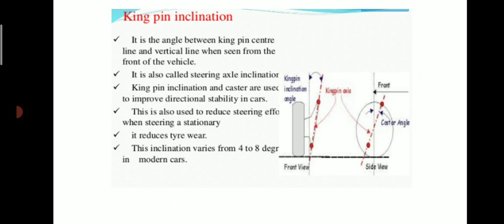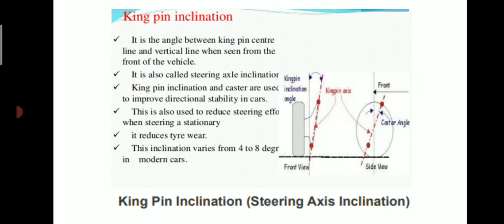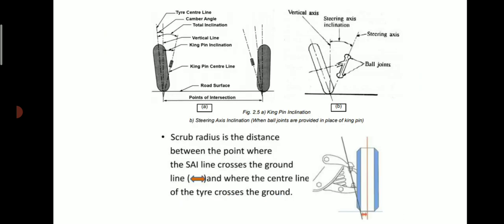This is also used to reduce steering effort when steering a stationary vehicle. It reduces tire wear. This inclination varies from 4 to 8 degrees in modern cars. These figures again indicate the kingpin inclination. You will see clearly how the inclination looks in different figures.